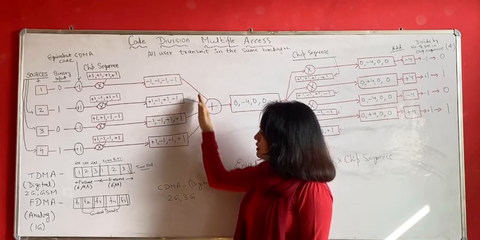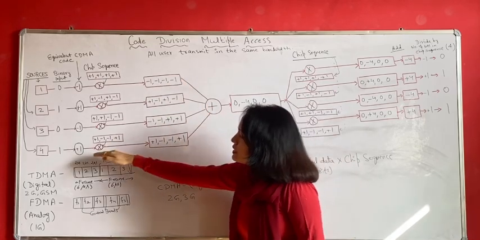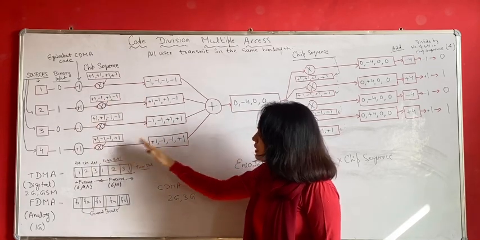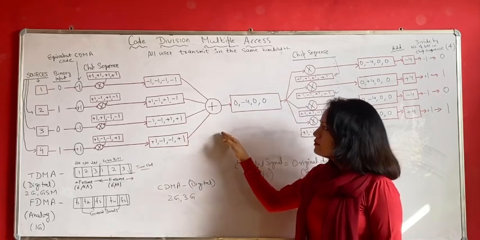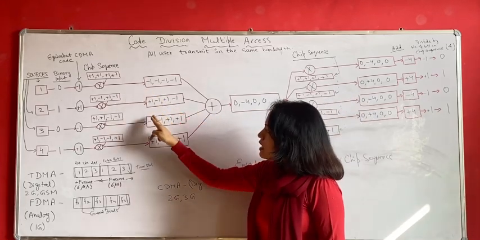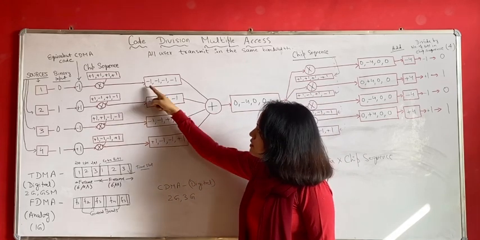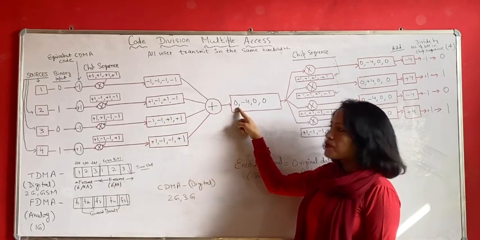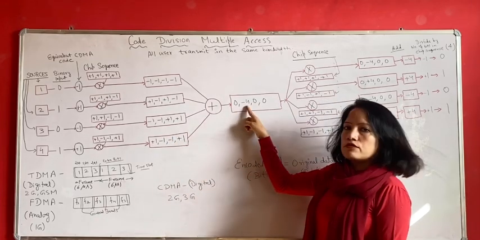Now, after this, all the codes which have been generated from the chip sequence multiplication, we need to add all these. Now, how is addition done? All the first bits are first added from all the sources. So, the first bits are -1 +1 -1 +1, which is 0. Then -1 -1 -1 -1, which is -4.